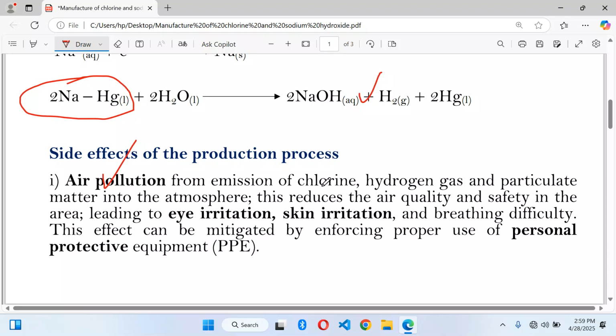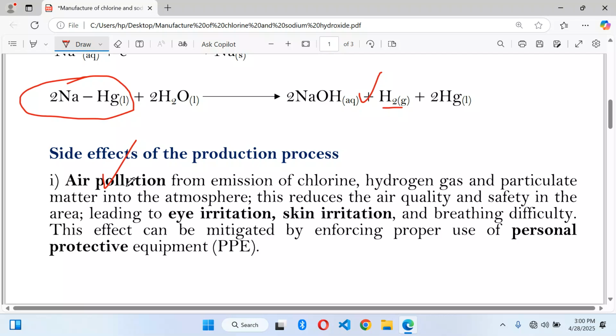As you're producing sodium hydroxide, even chlorine gas is produced on the other electrode. But also hydrogen gas is released, and there are other particulate matter which can be released into the atmosphere. So all these can bring about air pollution.